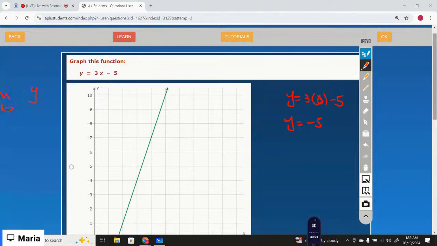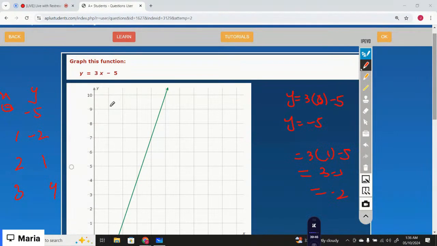That means when x is 0, y is negative 5. When x is 1, that is 3 minus 5 is negative 2. When x is 1, y is negative 2. When x is 2, y is 1. When x is 3, y is 4.